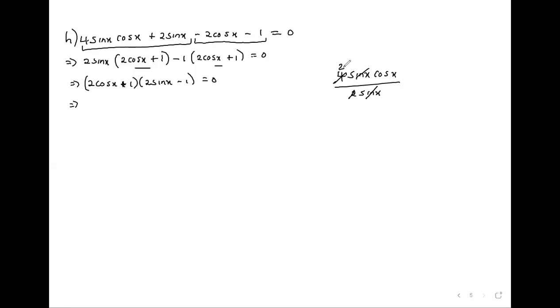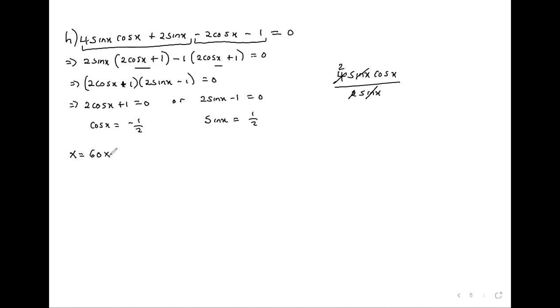These factors are equal to 0, so you get cos x is equal to negative half, and sin x is equal to positive half. So for x to be half, it's 60 for cos. Now it's negative, so it's not this one.